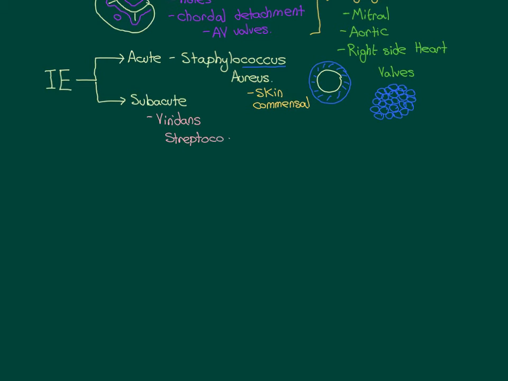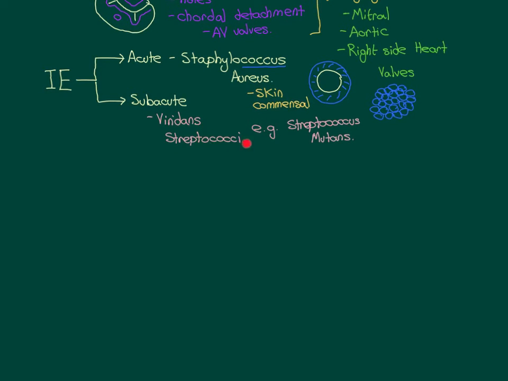Viridans streptococci is a whole group of species, and an example of a specific species in this group is Streptococcus mutans. So Streptococcus mutans is an example of a species included in the viridans streptococci.